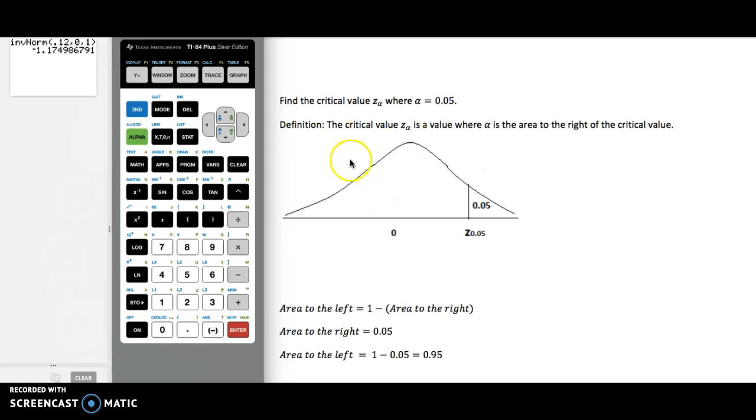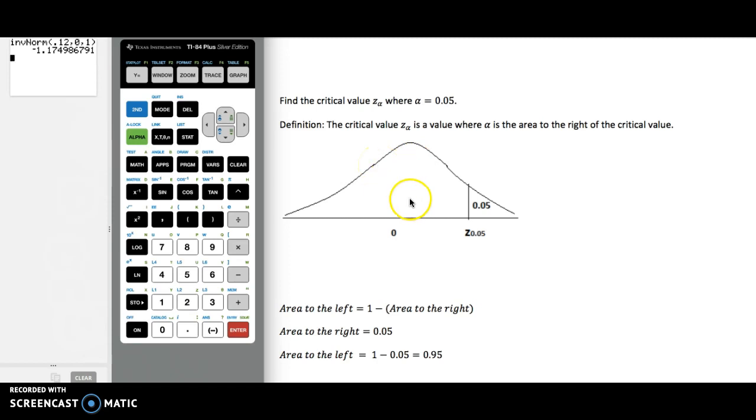So your graph would look something like this, right? So your z-score is going to go on the far right end of the graph because you only have 0.05, an area of 0.05 to the right of that z-score. So a very small region of the graph is going to go on the right side, which means a very large region is going to go on the left side.